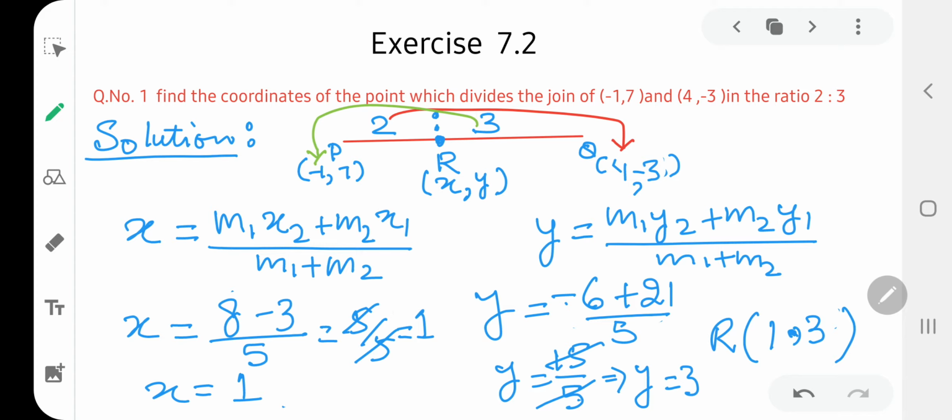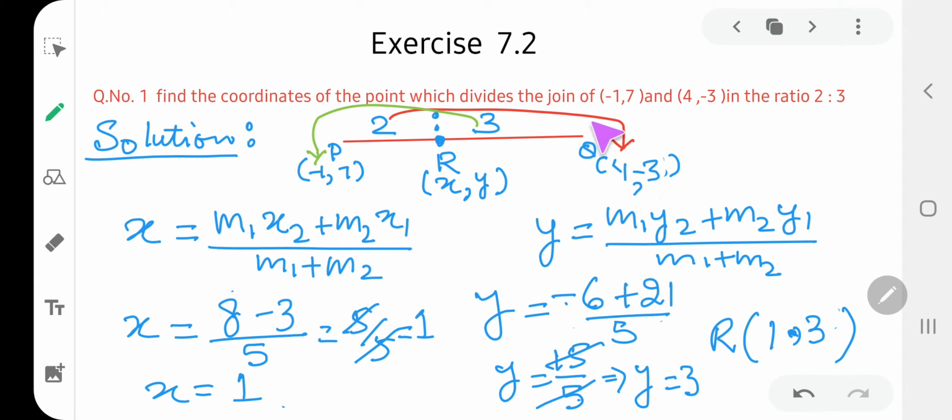Let's put the value. Children, don't look at the formula, just see the way I am writing the values here and practice putting the values like this only. Now children, see m1, that means start from the first ratio, and the ratio is at this side, so multiply it with the value of x this side.